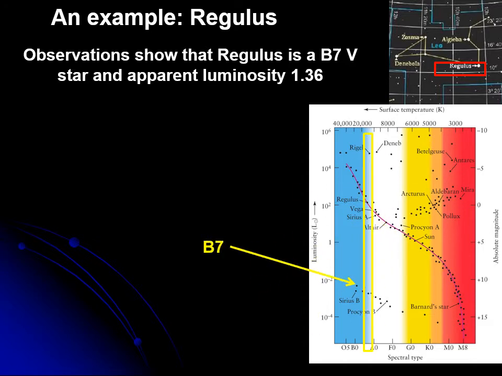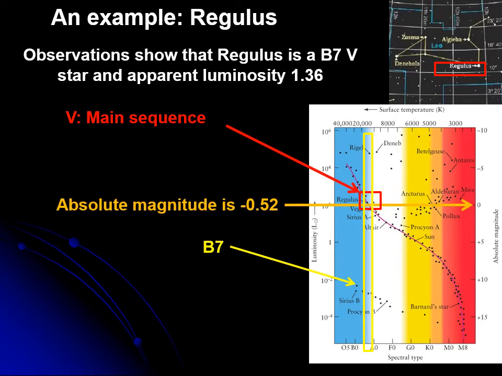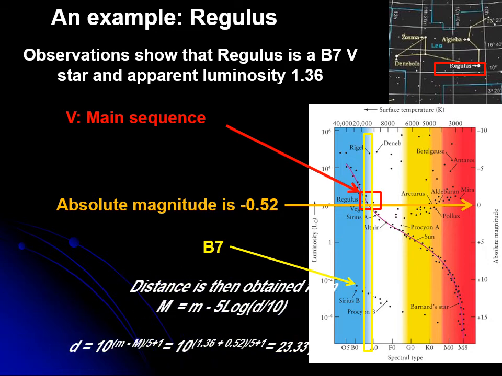B7 is there. Class 5 means main sequence is there. So the absolute magnitude is -0.52. And now we know the apparent magnitude and the absolute magnitude.